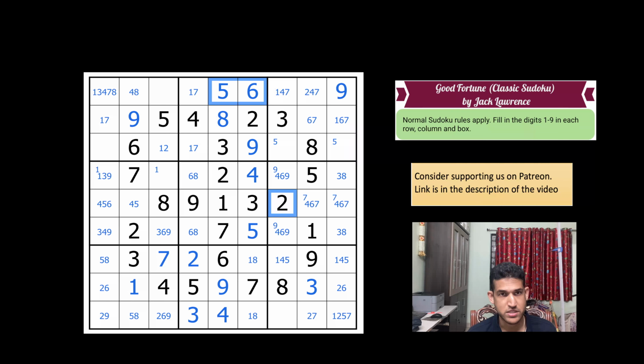So this is 1, 4 and 7. So we made use of this swordfish. We made use of this two-string kite.